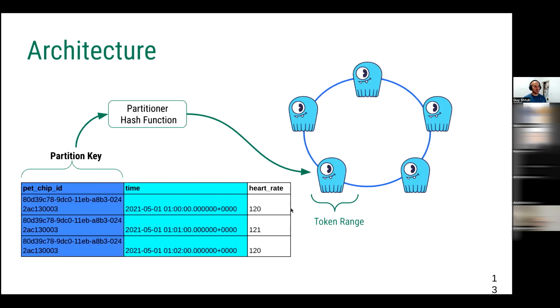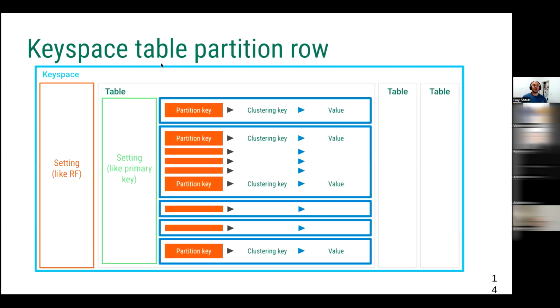Now, let's go over a few more concepts that I keep talking about, but I didn't really explain. So I mentioned a key space. A key space is a container of tables. Some applications have just one key space, but some applications have more than one key space. And the most important setting that is determined for the key space is the replication factor.